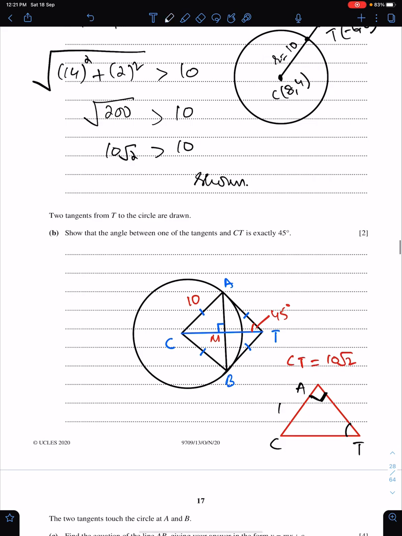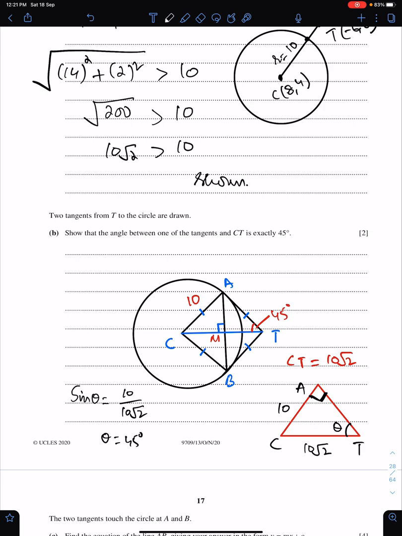So this is 10, this is 10 root 2. So by using sine in this triangle, we can get the answer. Sine theta is 10 upon 10 root 2, which gives 45, hence shown.